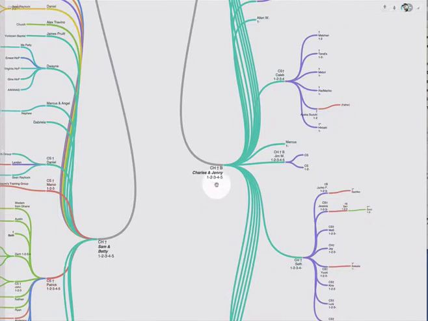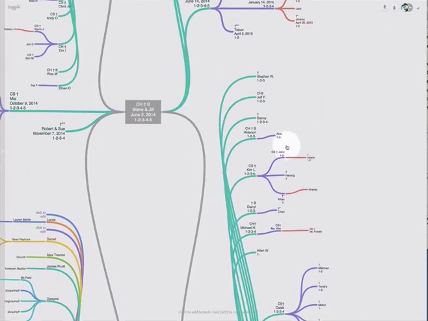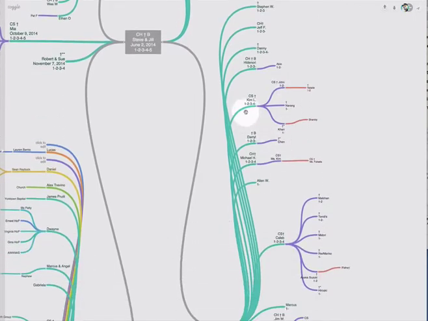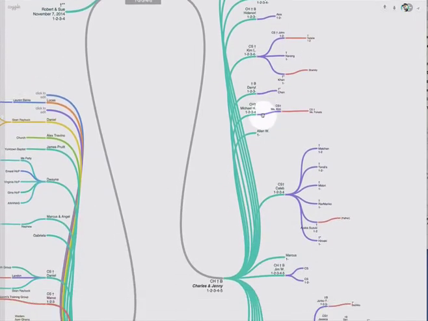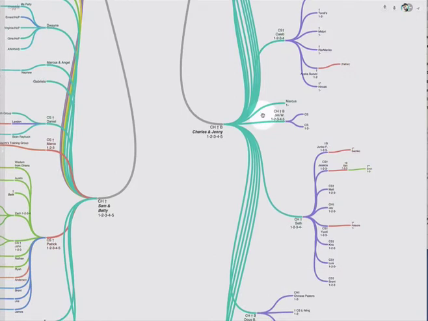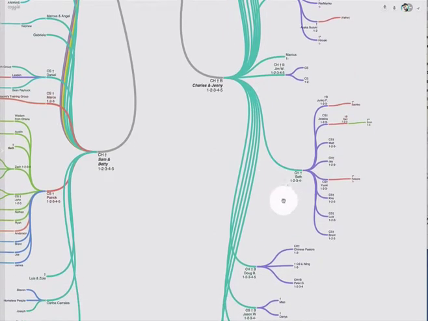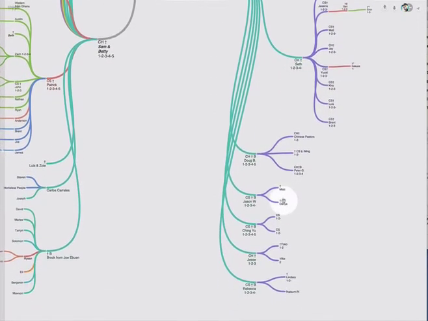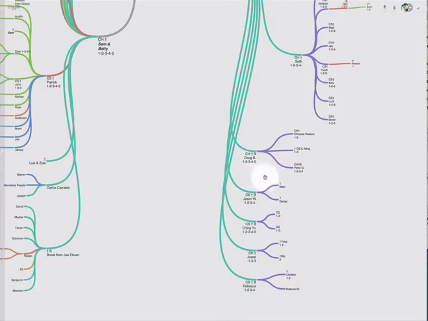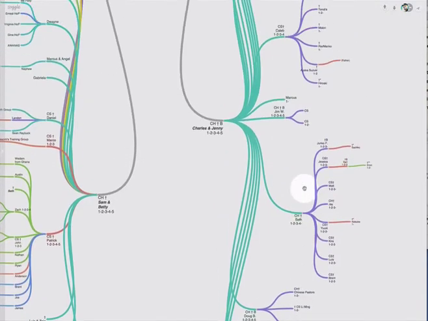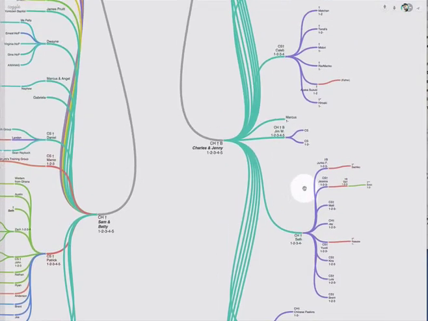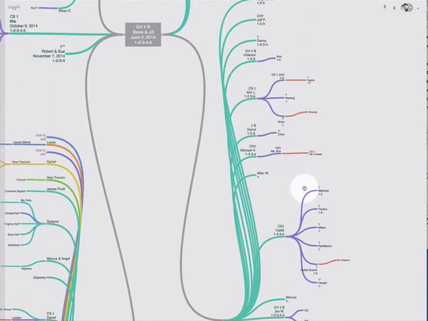So let's look at Charles and Jenny. Who would be their potential Timothys? Well, you look at Kim, doing really good. Caleb, certainly Seth, and then you got some others down here, maybe Doug. But when you look at this, it's probably Seth, Caleb, and Kim.